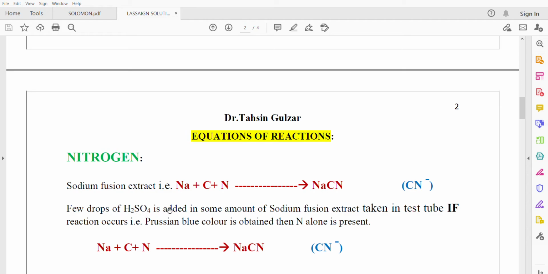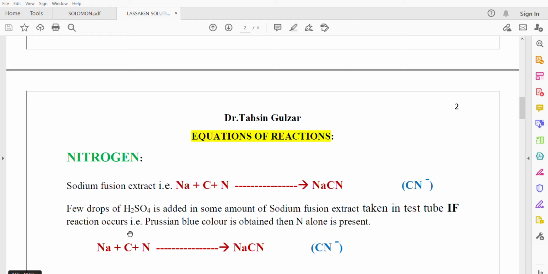From the organic compound you have prepared sodium fusion extract, and you will add sulfuric acid, a few drops, one or two enough, in the Lassaigne solution.